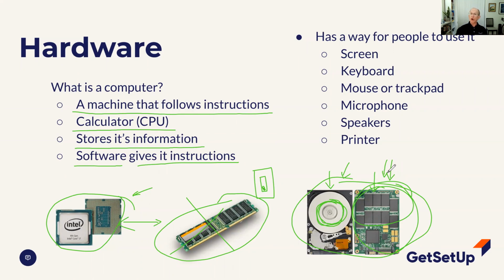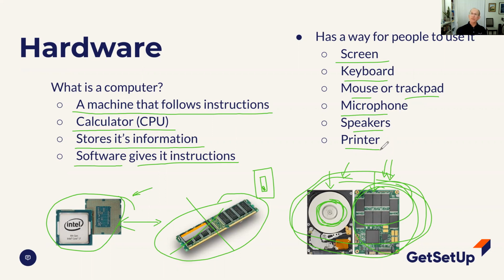And the more data you have, the more applications you have, the more storage you need. And there's some other hardware, things like your screen is a piece of hardware. Your keyboard is a piece of hardware. Your mouse or your trackpad is a piece of hardware. Your computer probably has a microphone and speakers in it, and you probably have a printer.